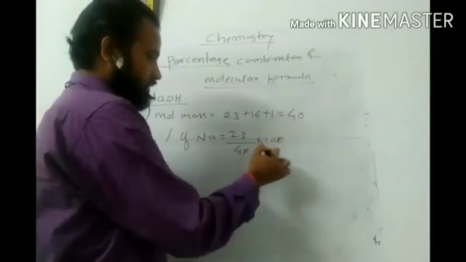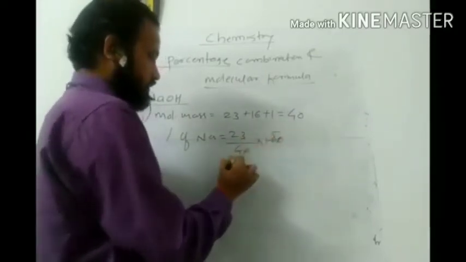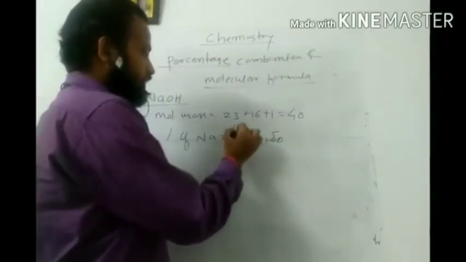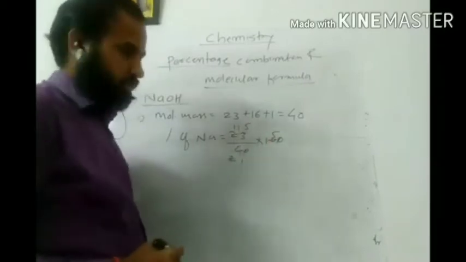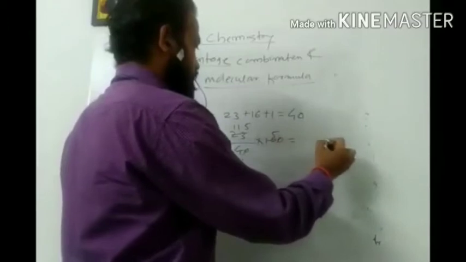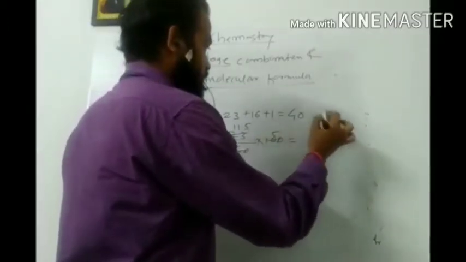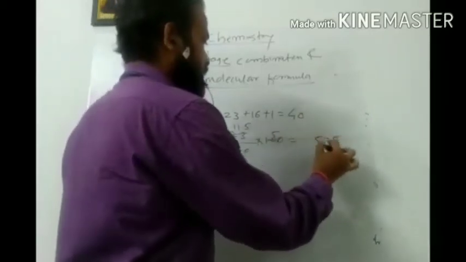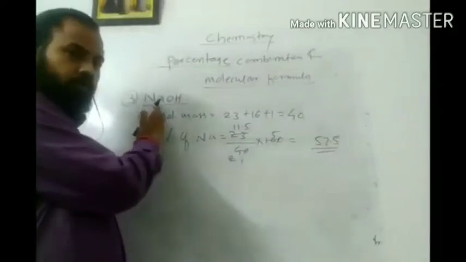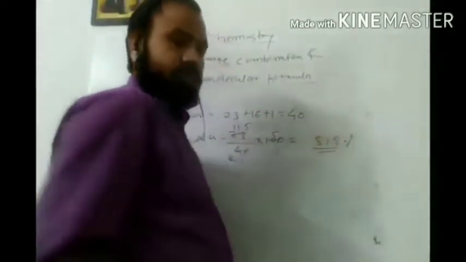So this 0 gets cancelled out, and it becomes 11.5. Then 11.5 into 5 becomes 57.5. Means in this compound the percentage of sodium is 57.5, isn't it?